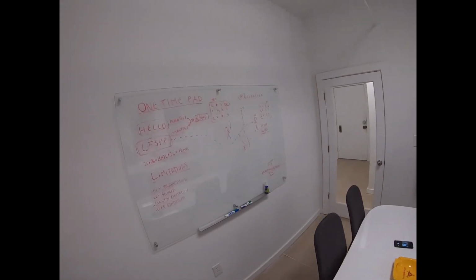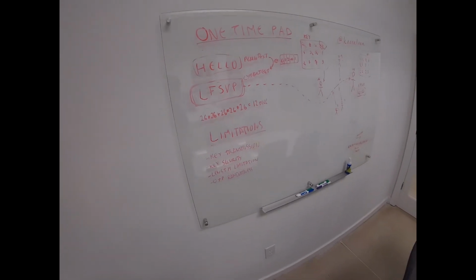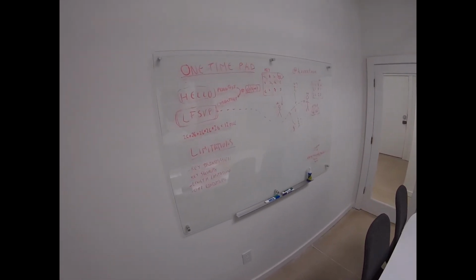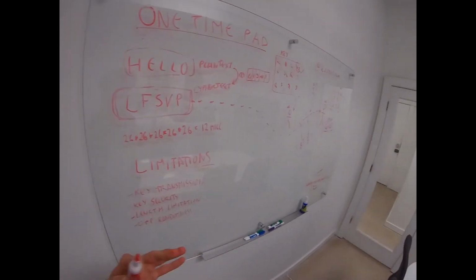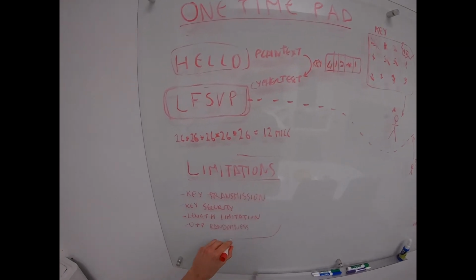So it's very important that this key is completely random, so that the sequence of shifts cannot be predictable. And randomness is very hard to achieve, and that's why I put it in the limitations.